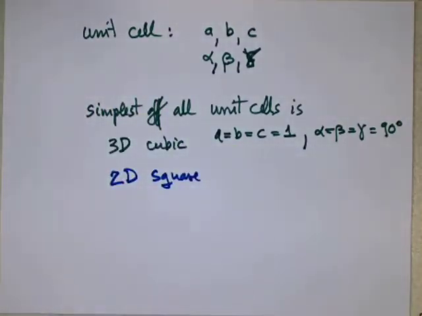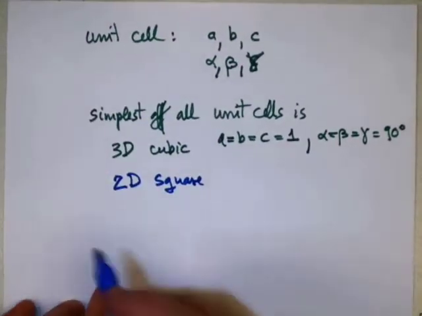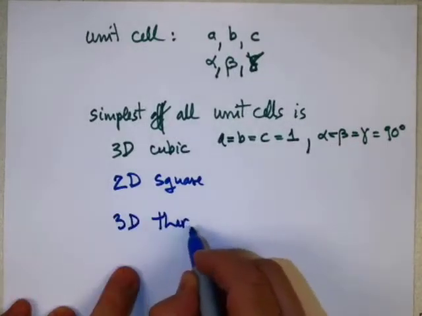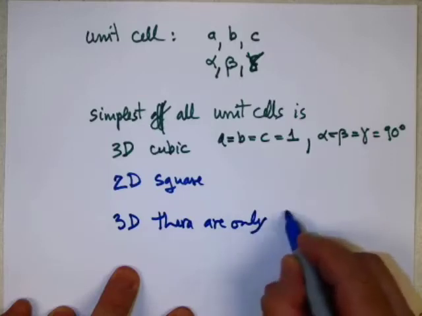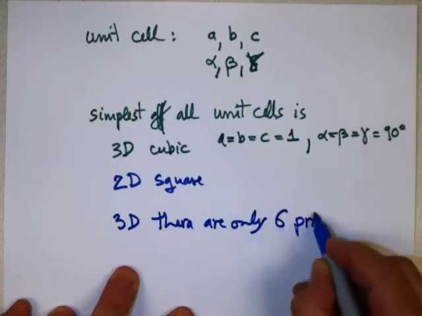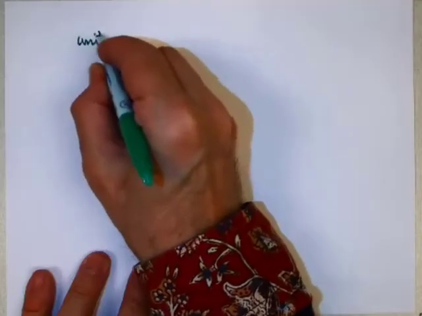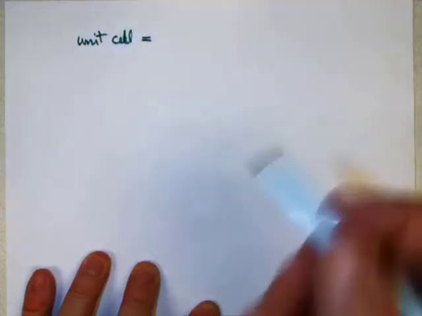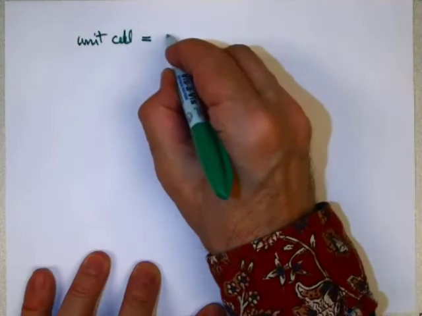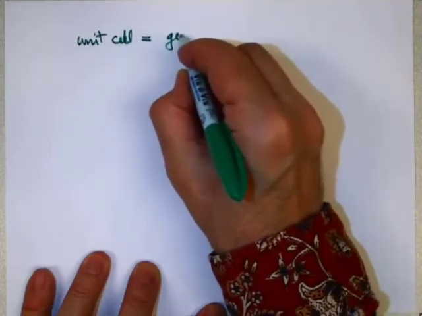So for example, trying to get the angles right is so restricted that in 2 dimensions there are only 6 what's called primitive different possible shapes. And if you have a unit cell, then you can tile the entire space by its copies.